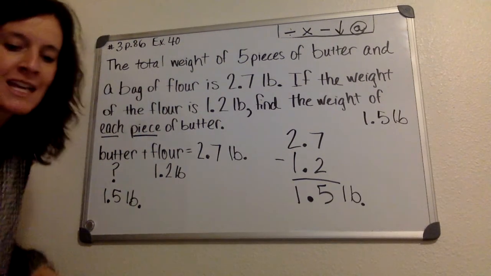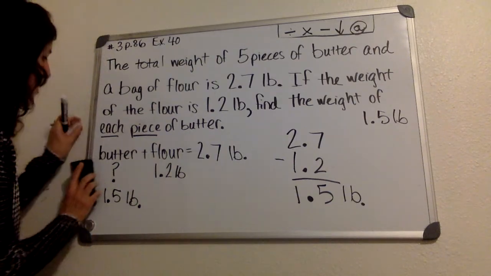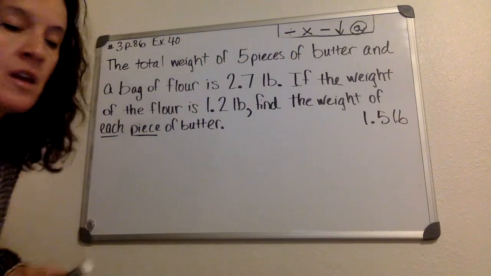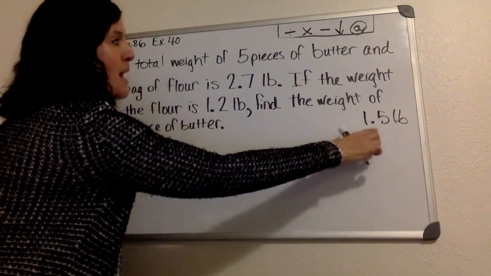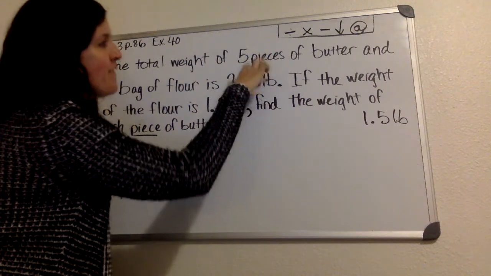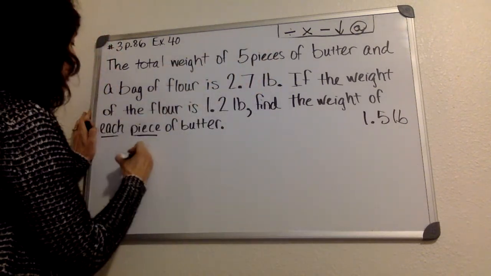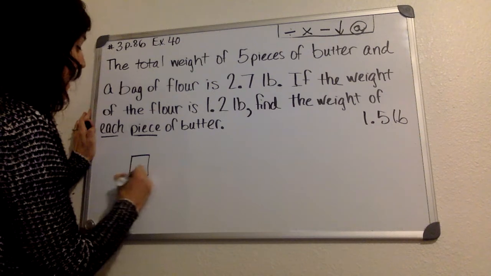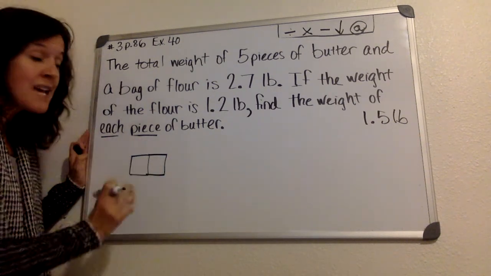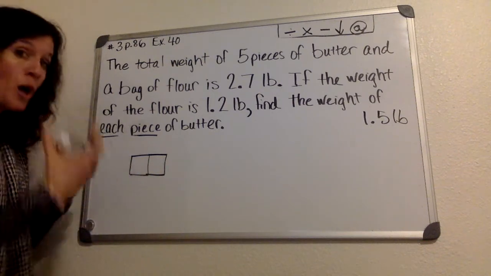And now I'm going to get into a little bar model. So 1.5 pounds, that's the weight of my butter. The problem is I have 5 pieces of butter. The good thing is we've got ourselves a nice unit there, because remember the units always have to be the same amount.